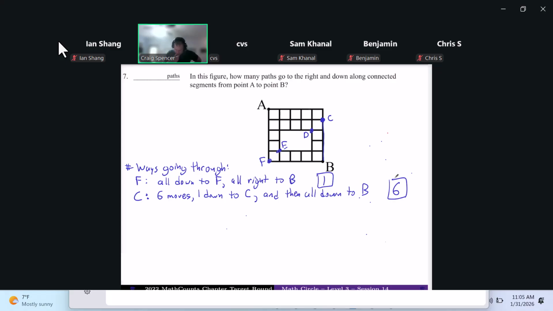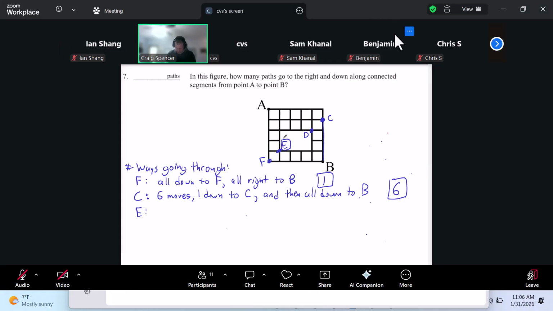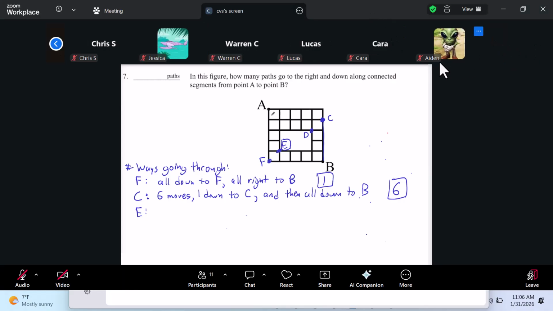Okay, so let's see which is the easier one. The next easiest one would be E, and these are kind of increasing in difficulty. The more comfortable you are with these counting arguments, the more you'll probably just do this systematically, but I'm ramping up the difficulty as we go through these counts. If I go through this point E, this is very similar to that first part of C. If you look at it, there are 1, 2, 3, 4, 5 steps.